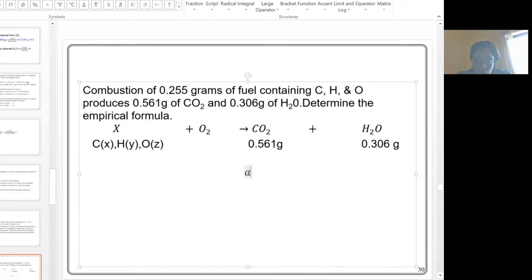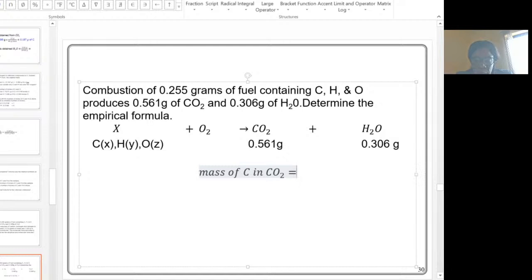So, mass of carbon in carbon dioxide is as follows.